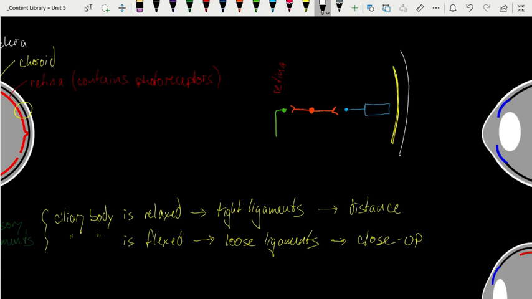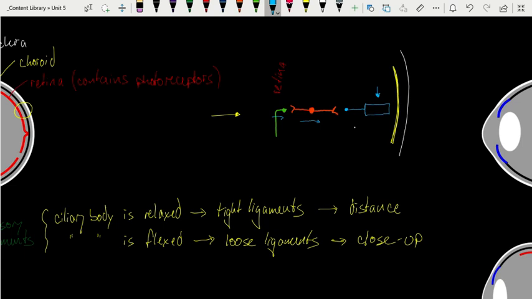Now, as we look at that, we have a bit of a problem, because light is coming from this direction. And this area right here, my photoreceptor cell, is the area that's sensitive to light. And so in order for light to get there, it's got to pass through the ganglion cells. It's got to pass through all the bipolar cells, and then it's going to hit against that photoreceptor cell.